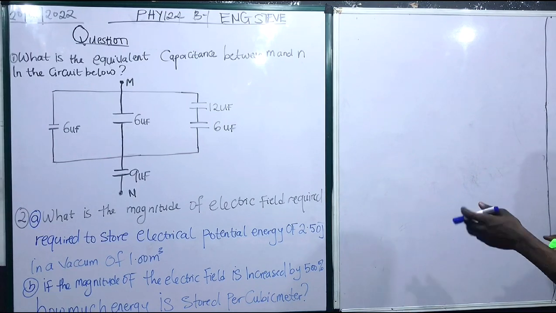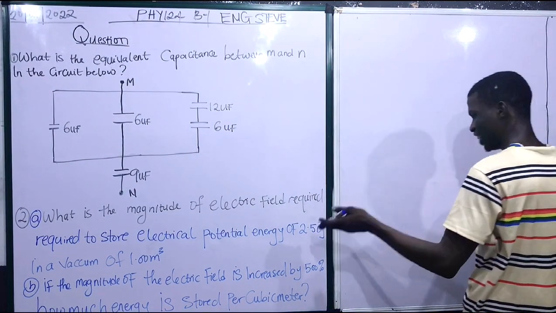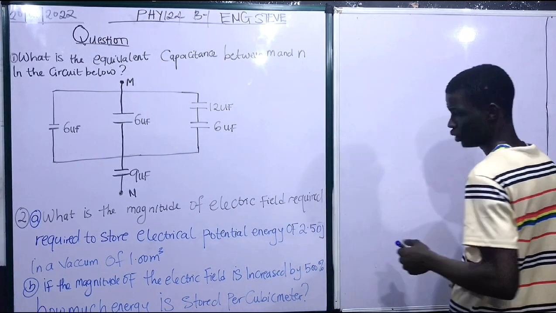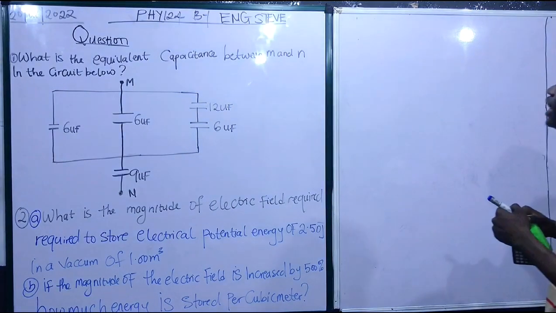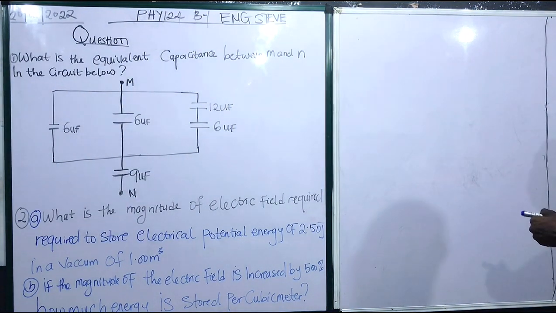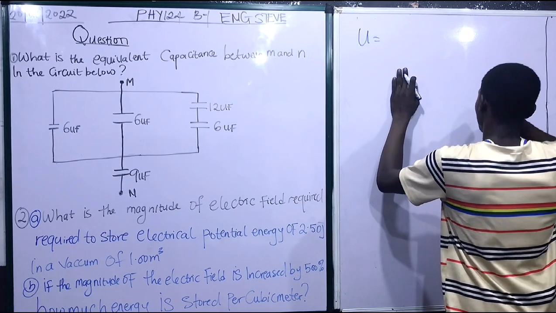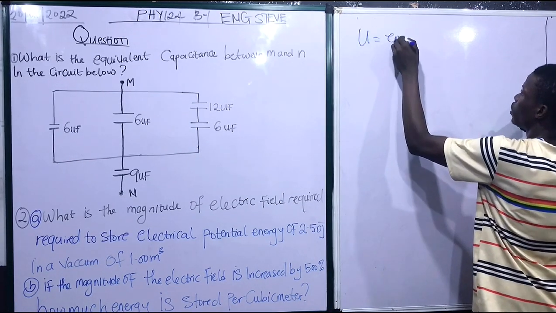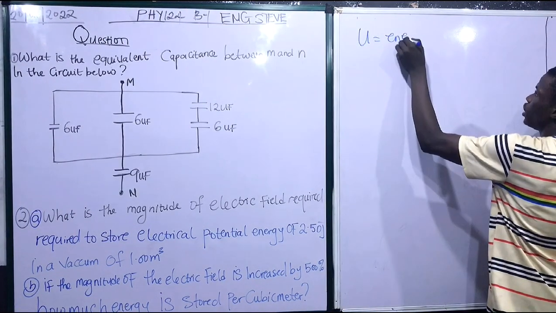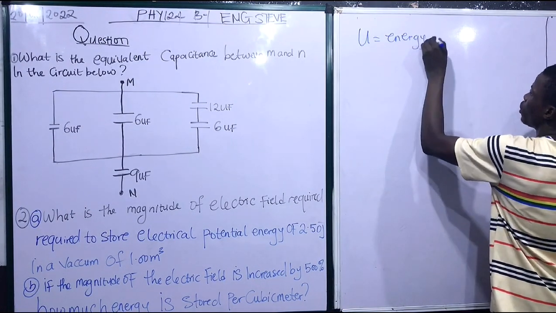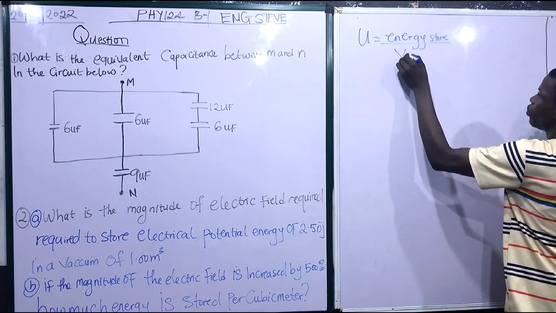So in this question we are given the energy, and also a volume, which brings to mind the energy density, which is equal to our U, which is the energy stored, divided by the volume.